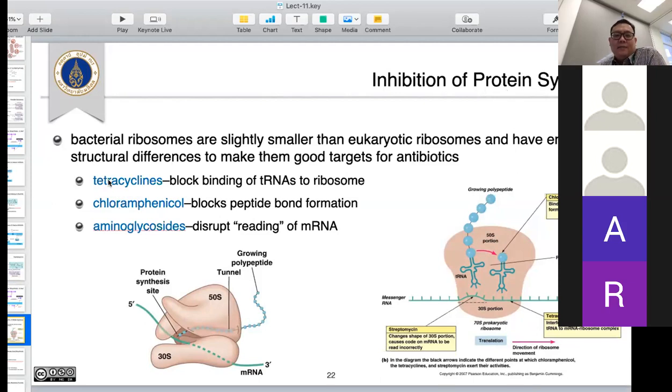Tetracycline blocks the tRNA from binding to the anticodon. Chloramphenicol also blocks peptide bond formation. Okay. Aminoglycoside, this is another group. Okay, it disrupts the reading of mRNA. So these are the points of the protein synthesis antibiotics.